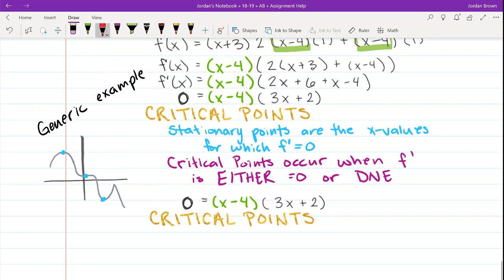Meanwhile, critical points occur here, here at this vertical tangent, here when the slope is 0, here when the slope is 0, and here when we have a corner.